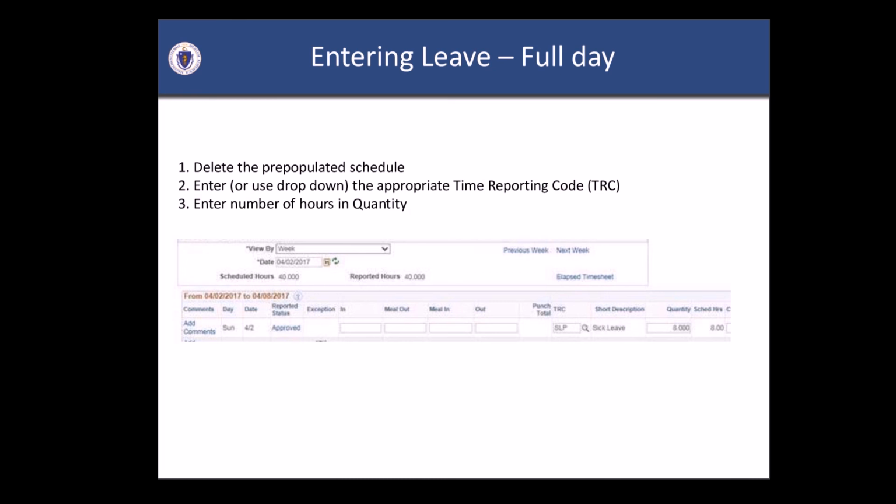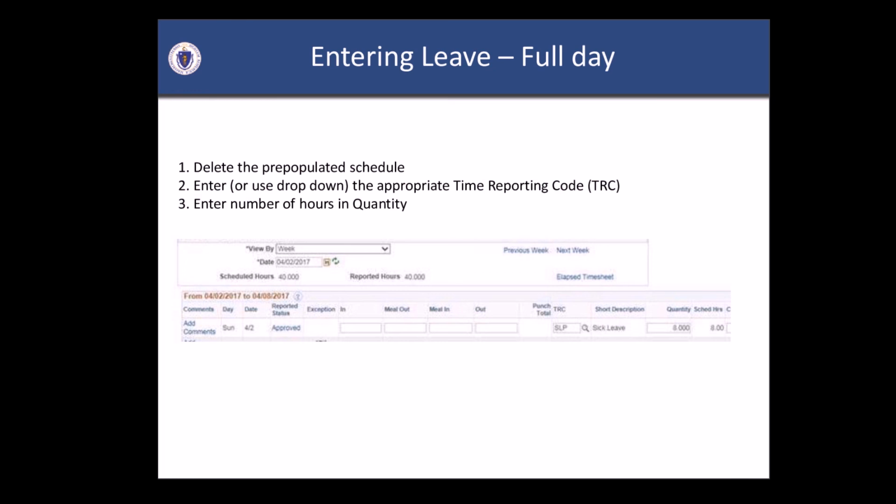So if you know the TRC, the time reporting code, that the employee is using, you can just type it right in. In the example here, we see this person is using SLP, or sick leave. So you could type that in. You can also click on that little magnifying glass there and get a list of codes if you weren't quite sure what they needed to select.